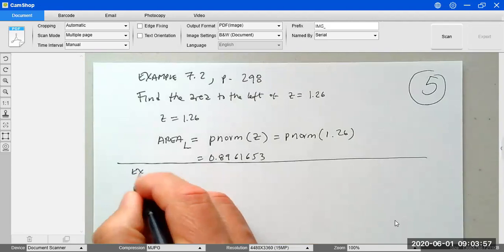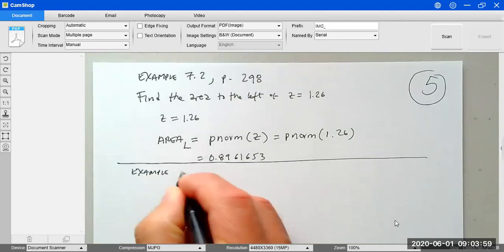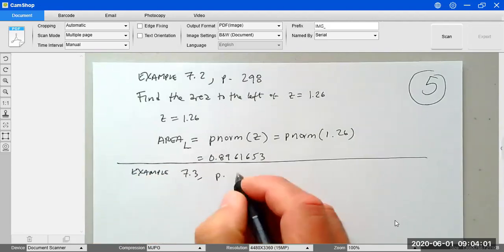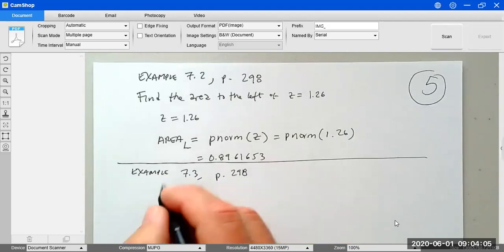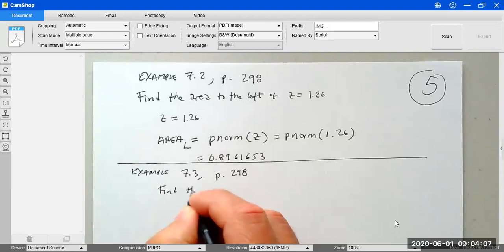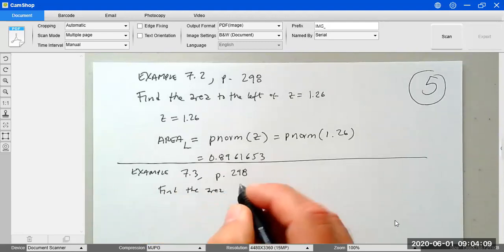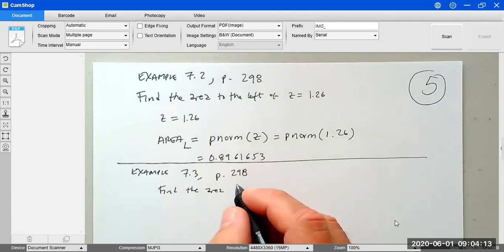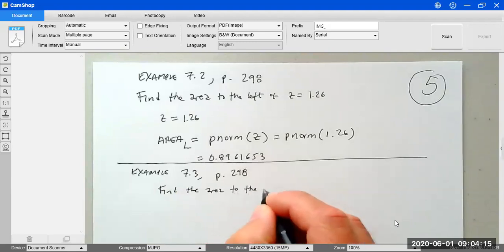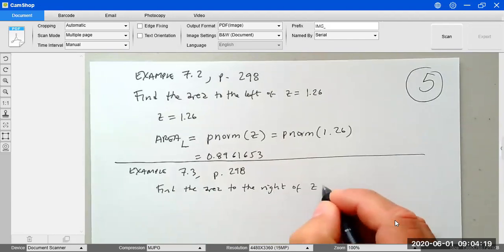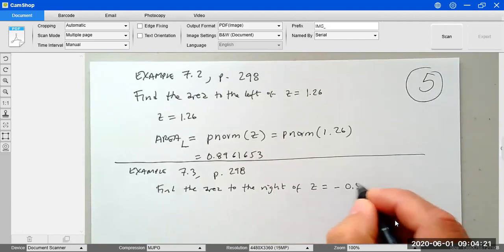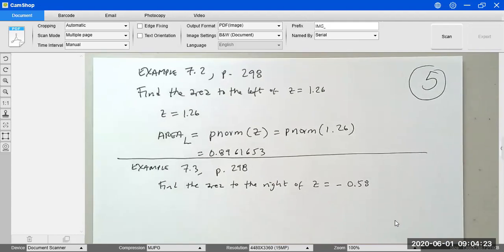So example 7.3 on page 298. We're going to find the area to the right of z equals negative 0.58.